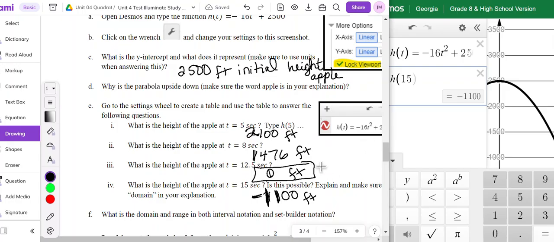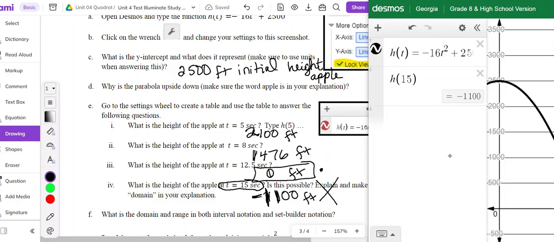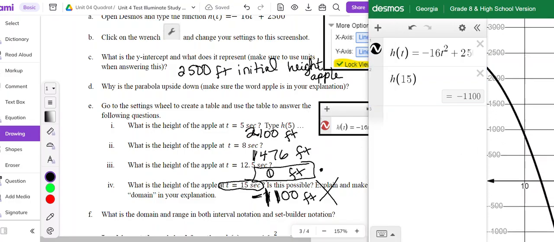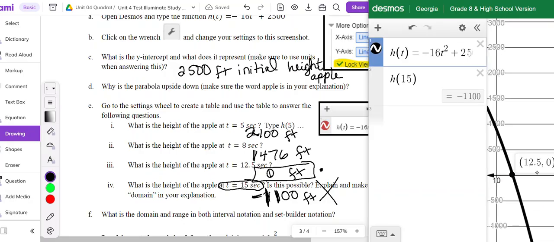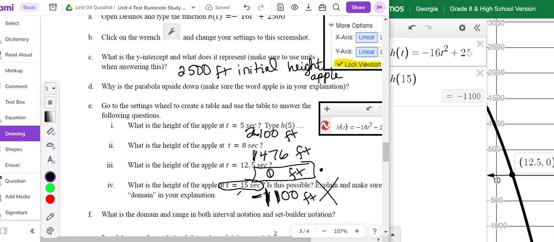So once it falls here, it'll stop falling. And so this is not possible because it is outside of the range of this function, as well as it's outside of the domain, because the domain only goes up to, what did we say was 12.5? 12.5. So 15 is outside of the domain.